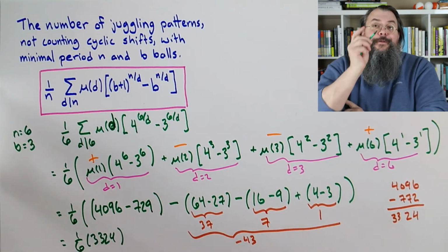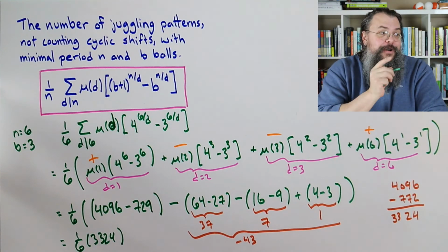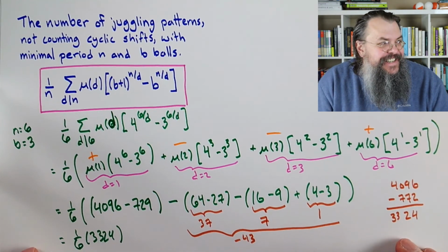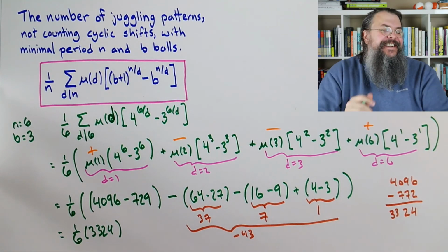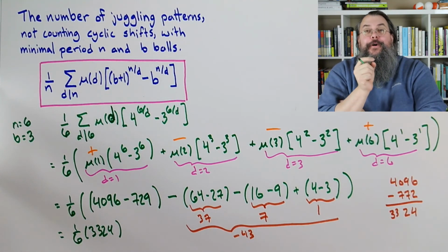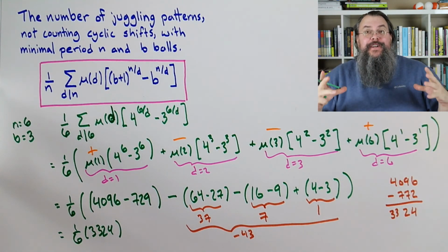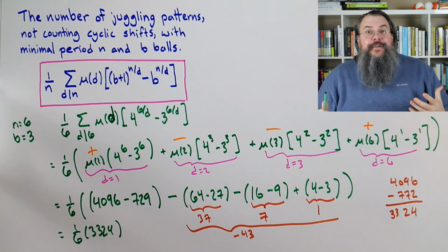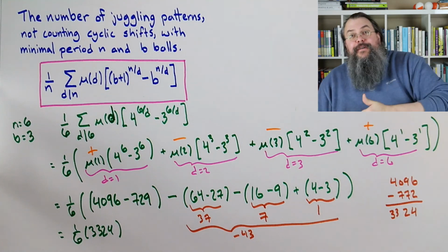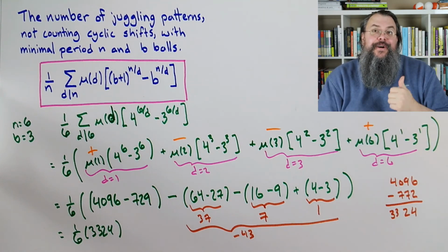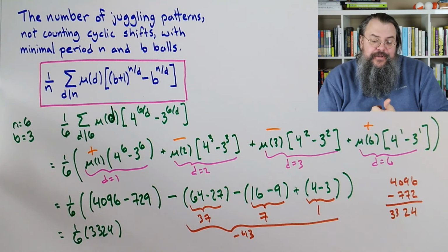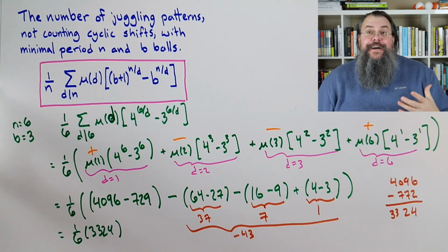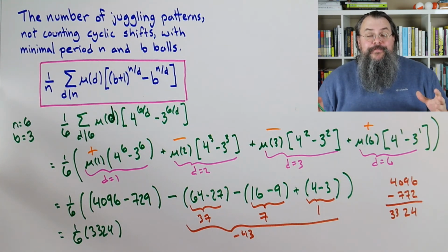Now, if we've done our work right, what should be true? We should end up with a whole number because we're counting patterns. You can't have a piece of a pattern, because it's either a pattern or it's not a pattern. So after I divide 3,324 by 6, I should have a whole number.